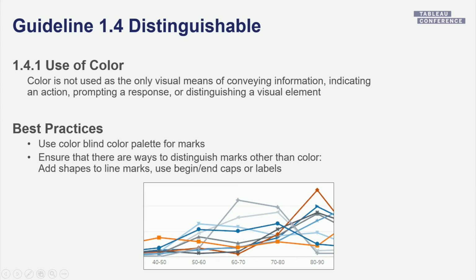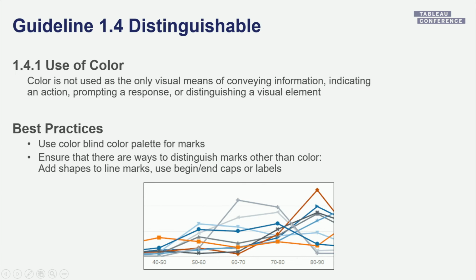Okay. Next is distinguishable. These are the kind of things that are true when you asked whether keyboard navigation is 80%, it's like, well, there's a lot. A big thing, important for visualizations, is that you can't use color as the only way to distinguish visual elements from each other. There needs to be some other way to distinguish them.